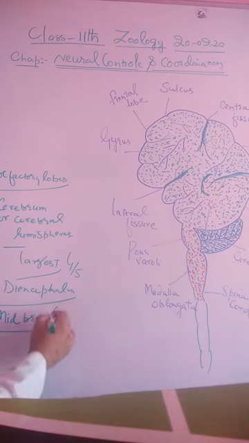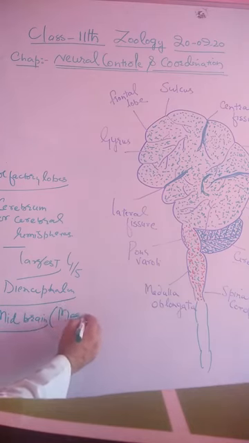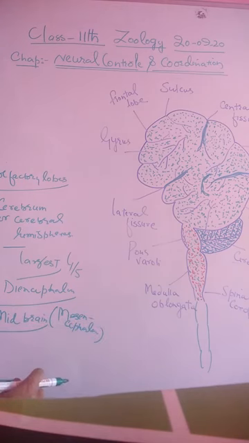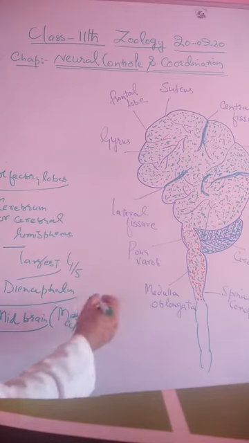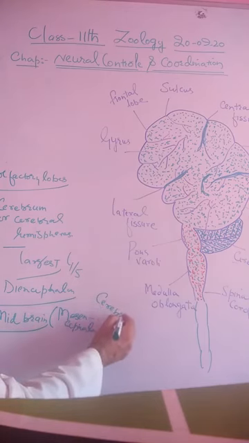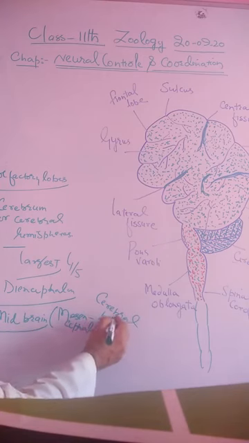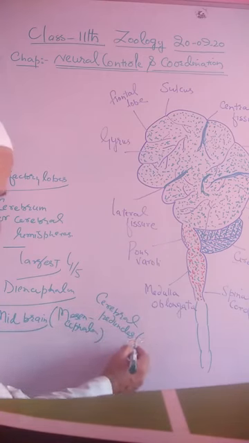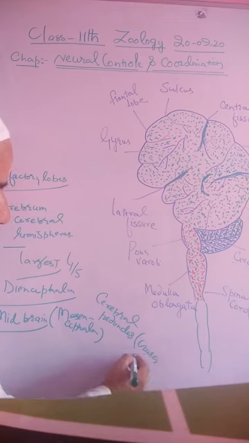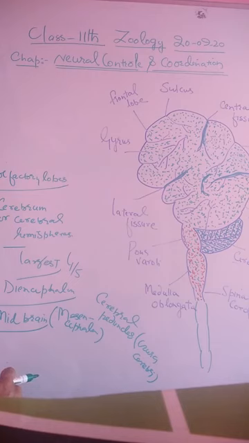The midbrain is also called mesencephalon. This mesencephalon is significantly very small. It consists of 2 heavy fiber tracts called cerebral peduncles, or crura cerebri, on the ventral side, and 2 swellings termed superior and inferior colliculi on each side of the dorsal surface.